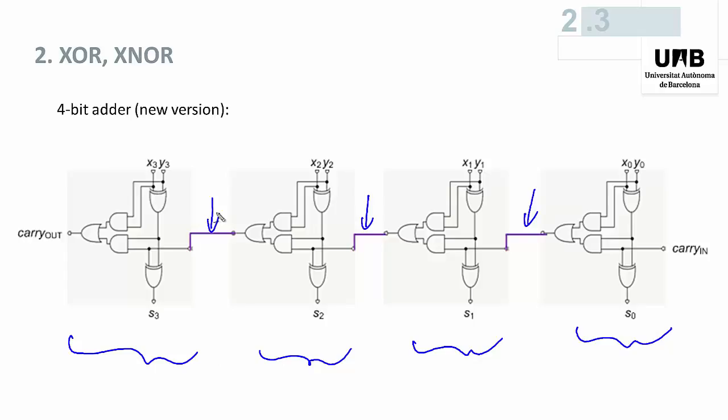Obviously, this way to implement adders can be generalized to the case of n-bit adders, for example, connecting 8 versions of this circuit, you will get an 8-bit adder. Connecting 16 circuits of this type, you will get a 16-bit adder, and so on.